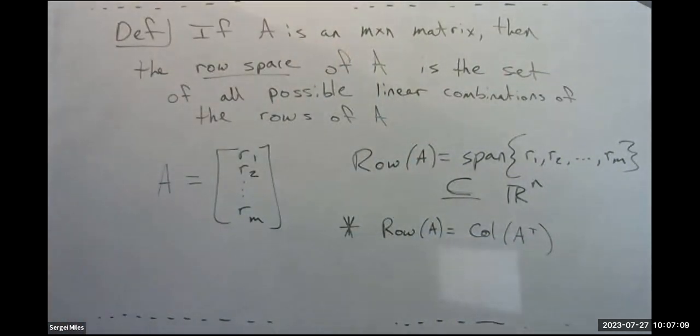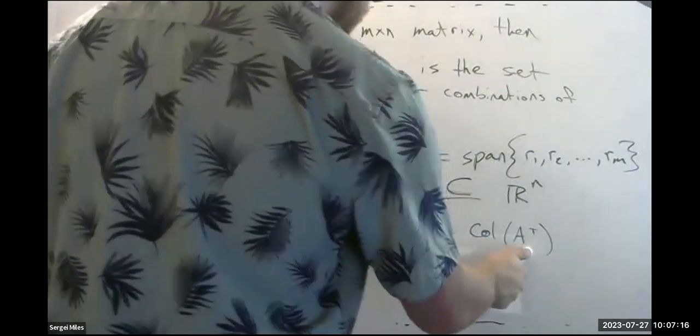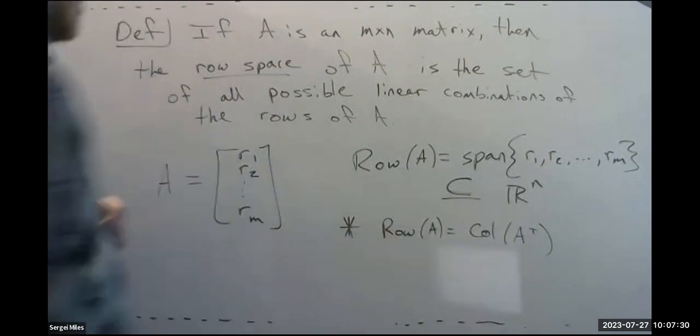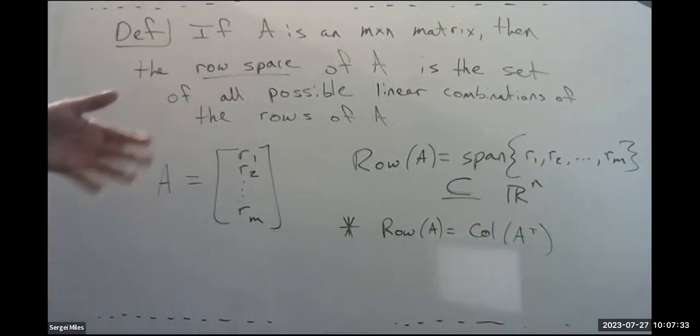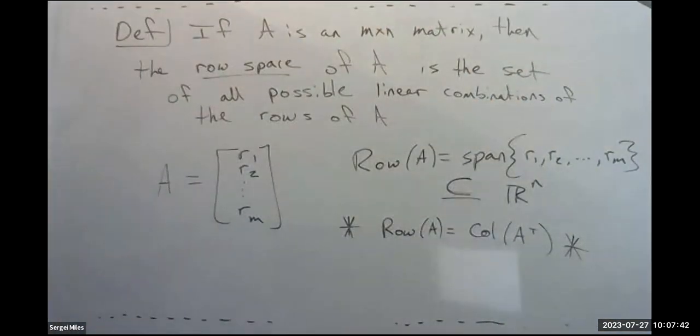Well, A transpose says my rows become columns, my columns become rows. So if I'm looking at the columns of A transpose, those columns used to be rows of A. So the column space of A transpose is really the same thing as the row space of A, because the columns of A transpose are the rows of the original matrix, right? And so we get this nice property that relates the row space and column space together.